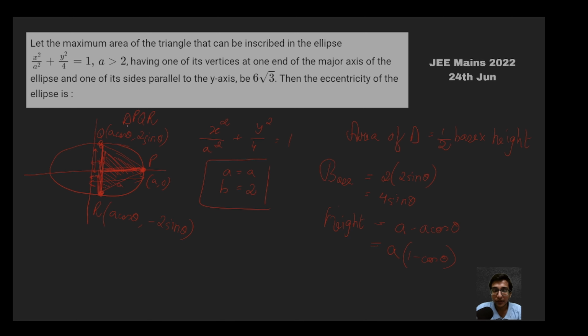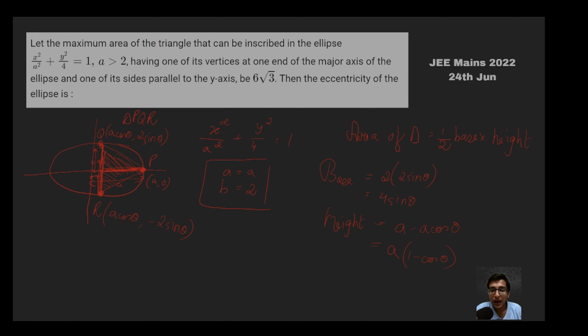Now let us try to find out the area of the triangle. Later on, after we've found an expression for area, we are going to differentiate it with respect to theta and then equate it to 0 so that we can get a value of theta where the area becomes maximum, and then we are going to equate it to 6 root 3 and we will get our value of a. So once we get the value of a, then we can find out the eccentricity of the ellipse, which is a very simple task.